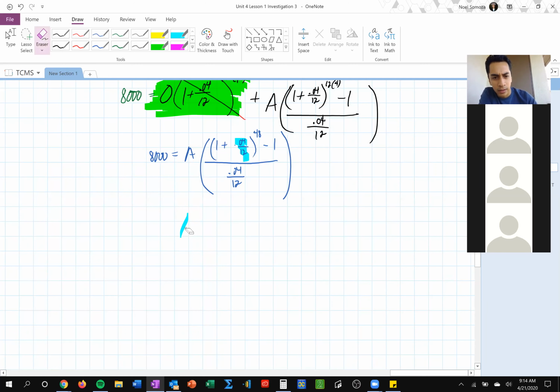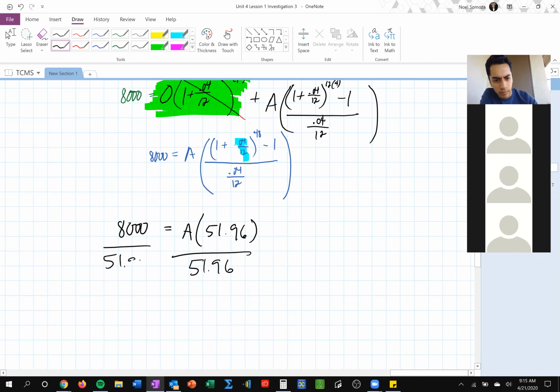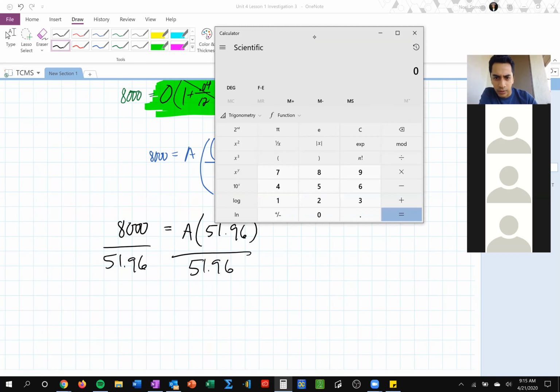So we can say that this is A times 51.96 is equal to 8,000, right? So to solve for A, we can just divide both sides by 51.96. And now let's see what we get. So 8,000 divided by it.